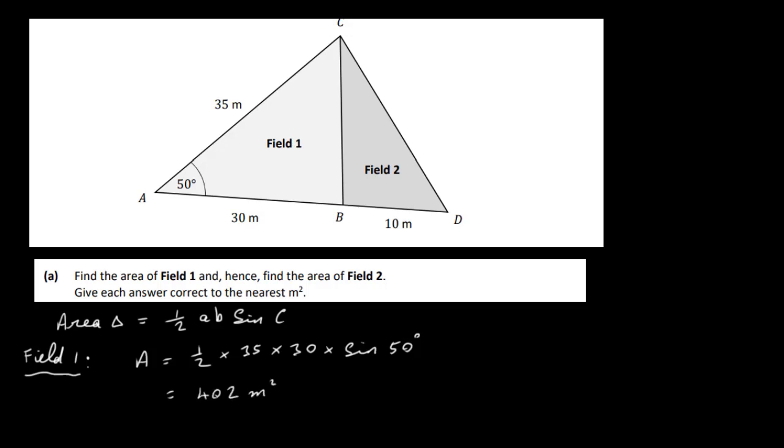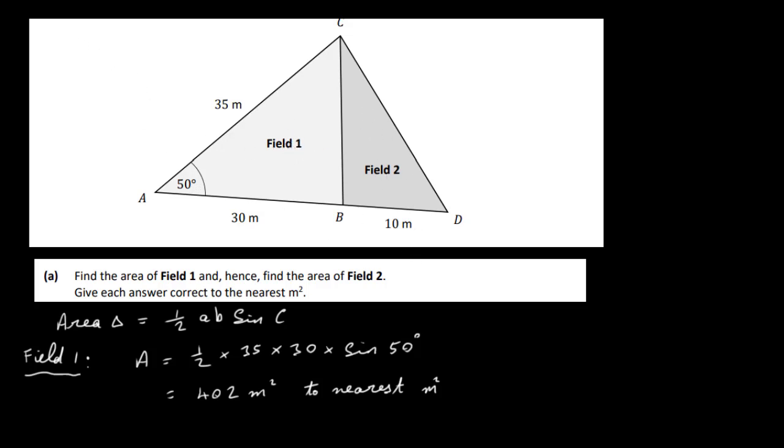And we're looking at meters, so it's meters squared here, and this is to the nearest meter squared. Now to find field 2, what I'm going to do is get the area of this big triangle here and then subtract field 1, and that will give me field 2 here.